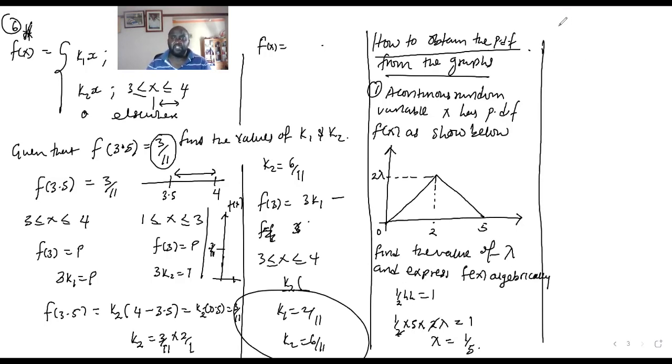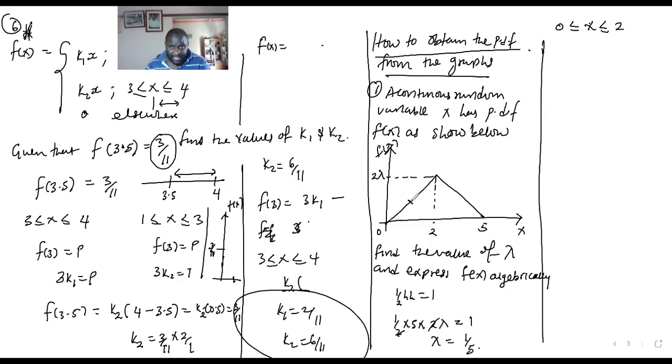And now we have regions between 0 and 2. This is f of x. This is x. So between 0 and 2, we have a line. So if we have a line, we can estimate, we can assume.